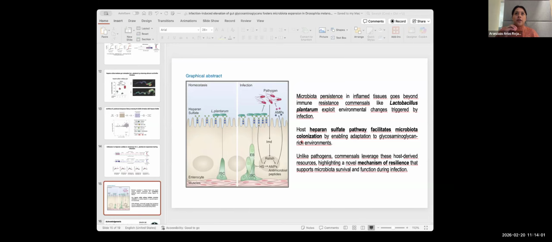But something I would like to clarify is that when you knock out NF-kappa B, or the primary immune response in Drosophila, called the immune deficiency pathway, the IMD pathway, you also boost the loads of Lactobacillus. I'm not sure what is going on. I'm pretty sure it's because you don't have any immune pathway regulating the control of bacteria, so the gut just has a lot of bacteria within the host. But yeah, I'm sorry.